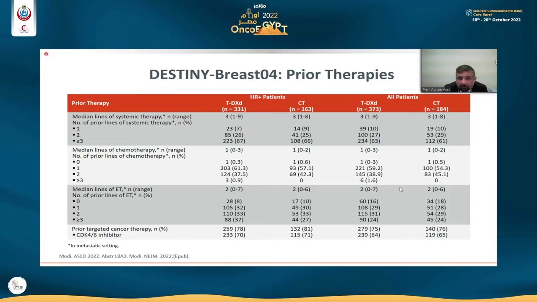According to the prior therapies, these lines involved CDK4/6 inhibitors and endocrine therapy, as well as chemotherapy in most of the patients.